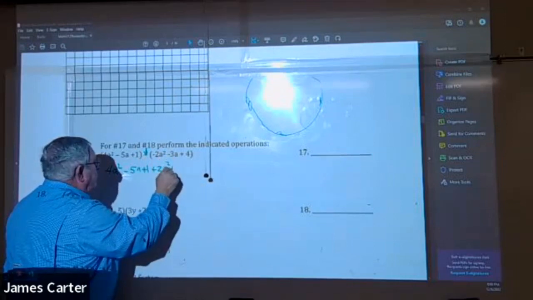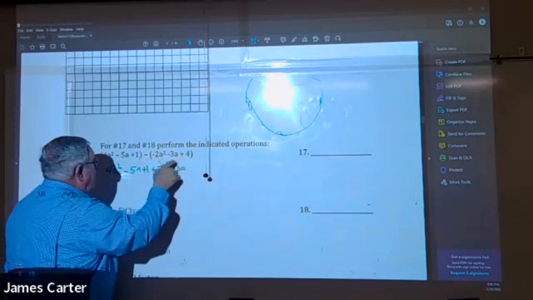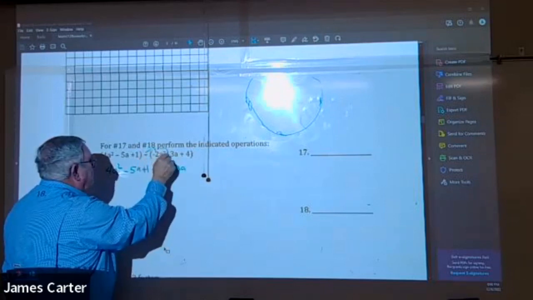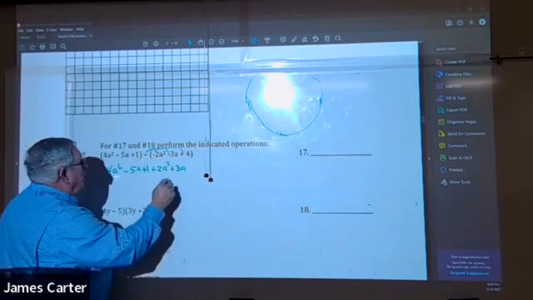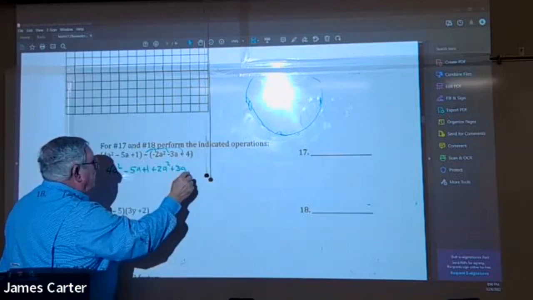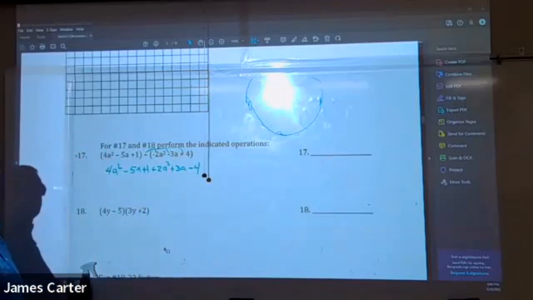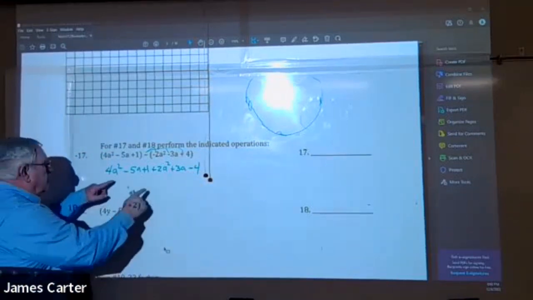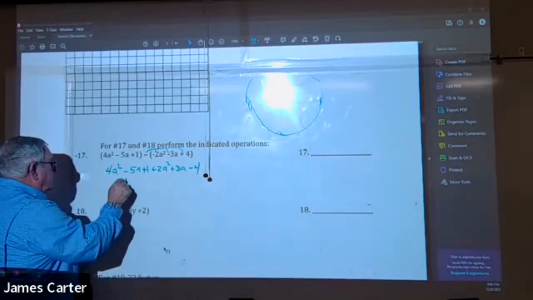Minus a negative gives me plus 3a. Minus a negative, let me draw this way. Okay. And minus a positive gives me -4. Now I can combine like terms. I've got a squares, so 6a squared.